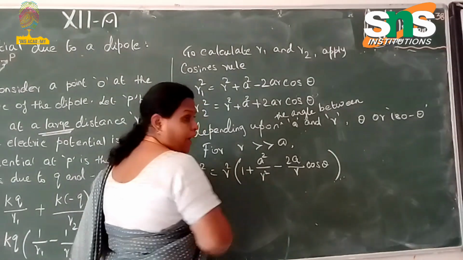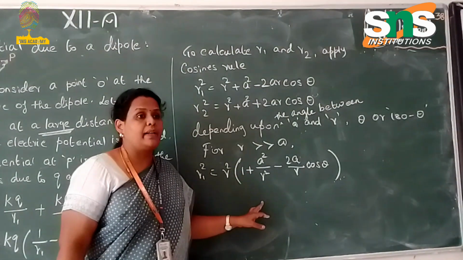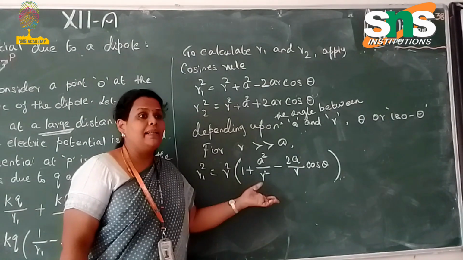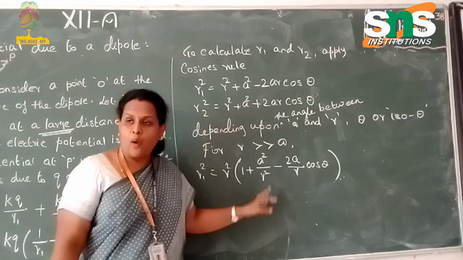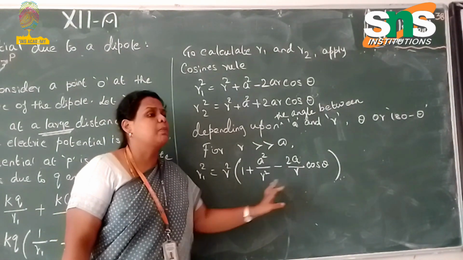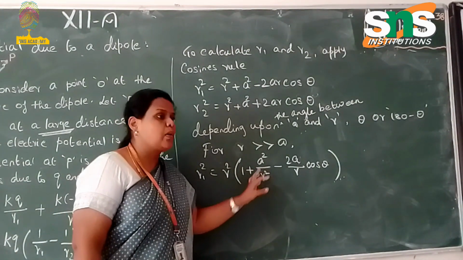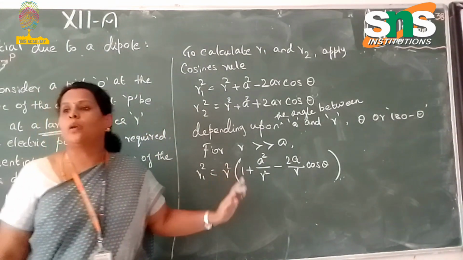So now I am going to neglect this A square by R square term, since if I take the square, the value will be very small. So I am neglecting A square by R square and I am going to retain my first order terms alone.